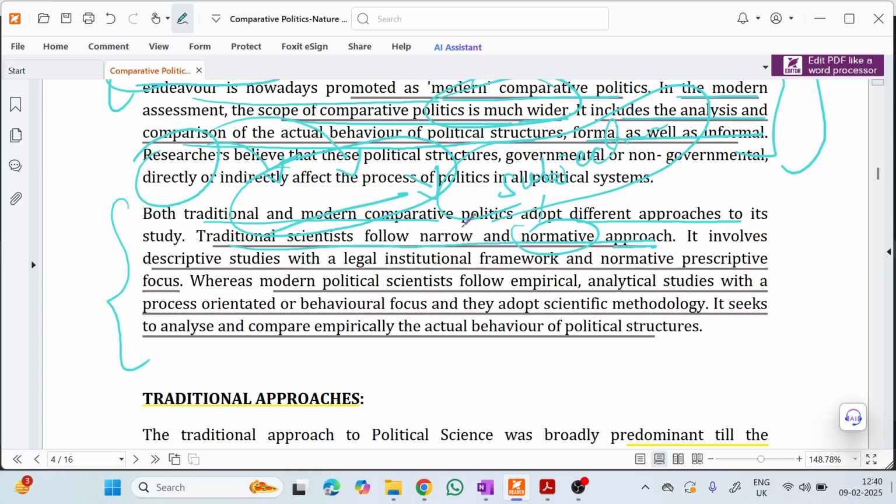I repeat again, whenever normative concepts come in, it means there are no objective parameters. So any concept that is studied by any researchers, if that study is normative, it means the personal beliefs, the personal value system, the prejudices, the stereotypes, the mental framework, all will have a strong influence on the study and outcome of that particular concept.